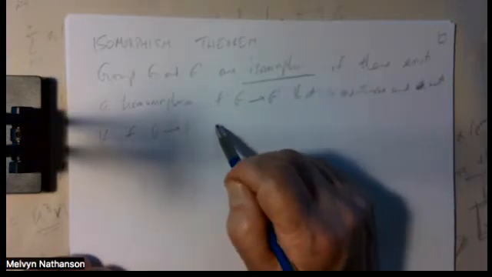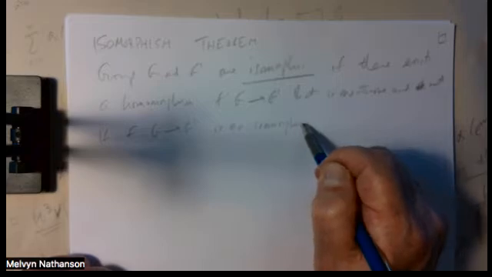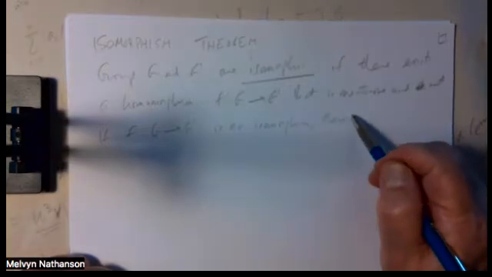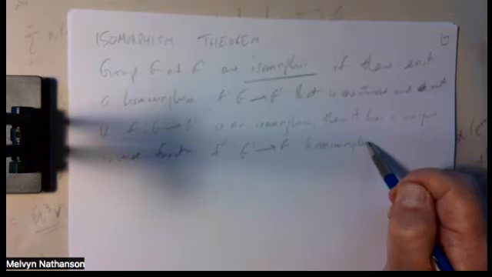If F from G to G prime is an isomorphism, then it has a unique inverse function, F inverse from G prime back to G, which is a homomorphism, such that, here's our picture.